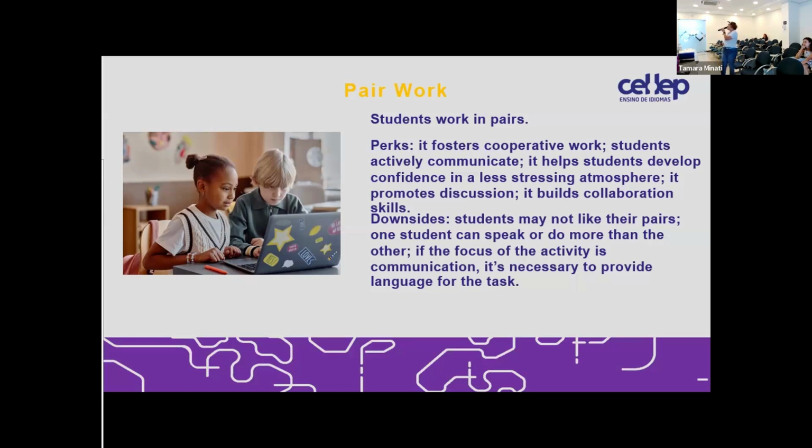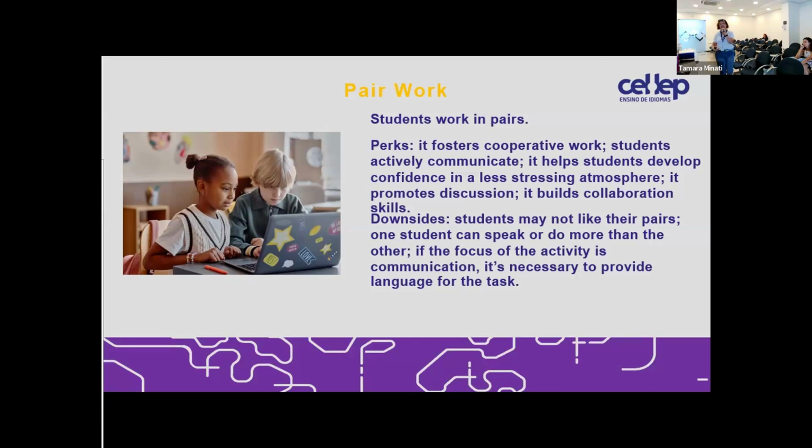If the focus of the activity is communication, it's necessary to provide language for the task. This is something that Jackson mentioned yesterday. Sometimes we put students in groups or pairs and we say, talk. But sometimes they are not prepared for the discussion. They don't have the vocabulary.